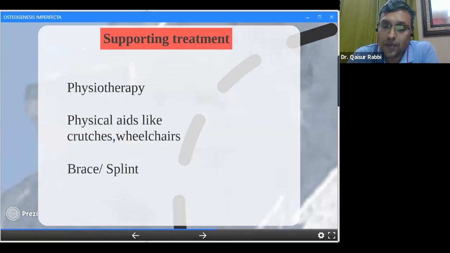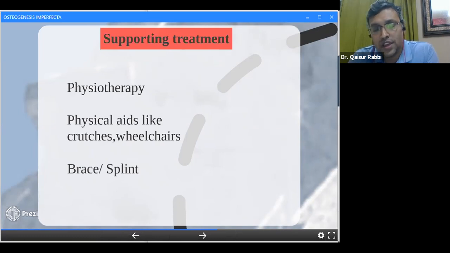What we have seen is that if we go for bracing, the fracture may heal, and it is very rare that any fracture related to osteogenesis imperfecta is non-union.